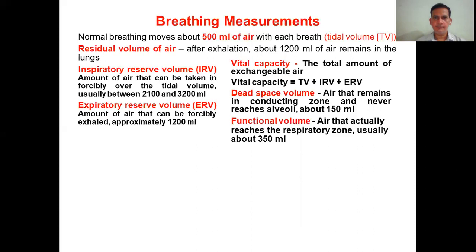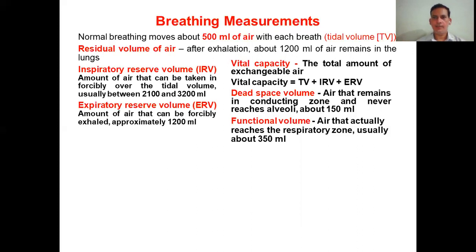Now there's another term, dead space volume. There is some amount of air which remains in the passage or the pathway and never reaches the alveoli. Let's say in the case of humans, from the nostril to the trachea or the bronchi, there is some amount of air which usually remains there, and that volume is about 150 ml.